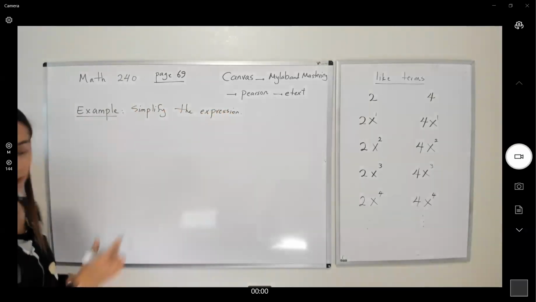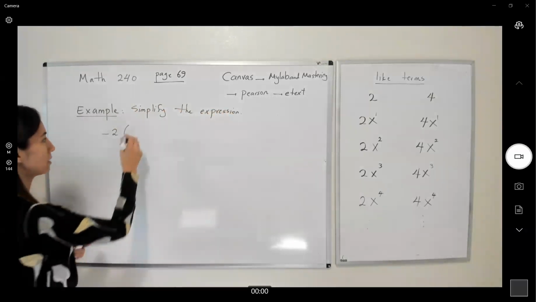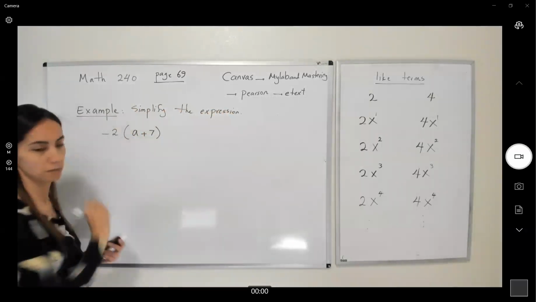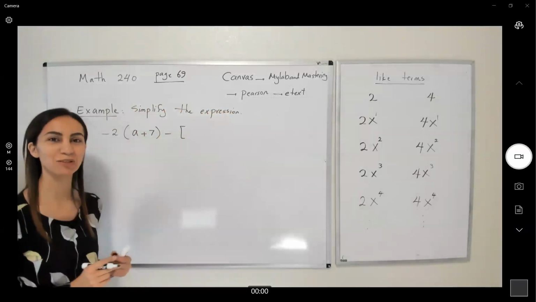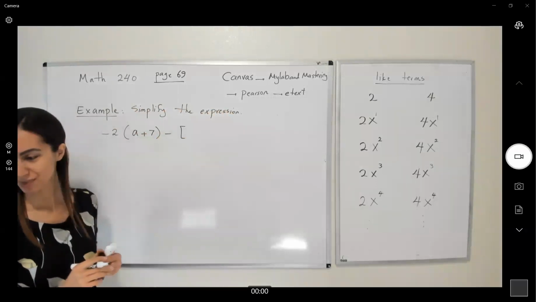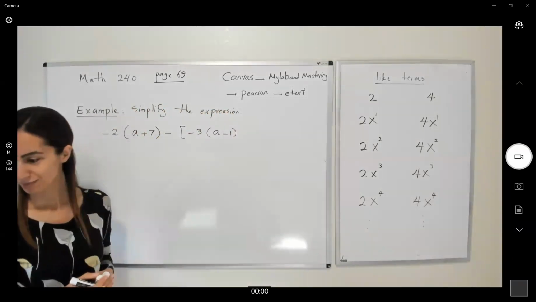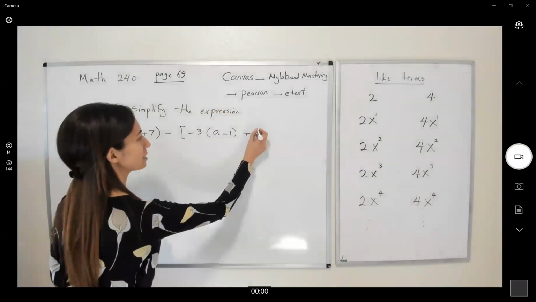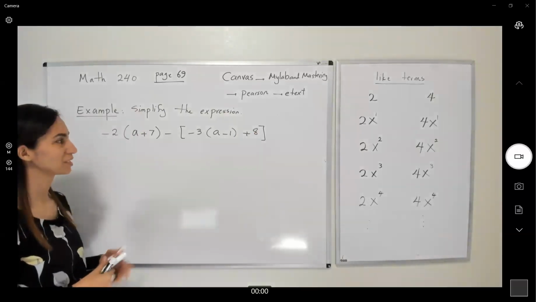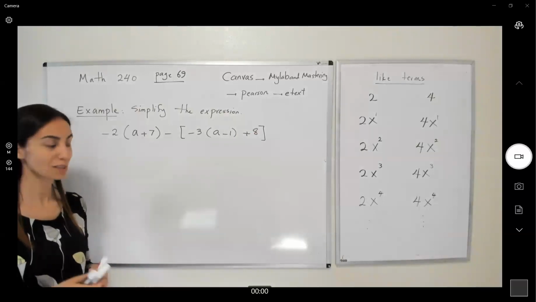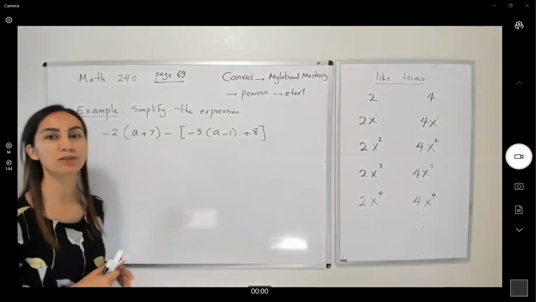This expression is minus 2, parentheses, a plus 7, minus, you have a bracket, so remember that you have grouping symbols, minus 3, parentheses, a minus 5, plus constant 8. Very well. So since we have grouping symbols, we try to simplify the expression inside each of these grouping symbols.